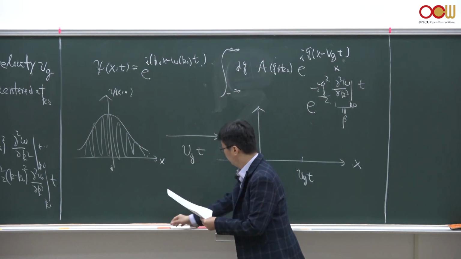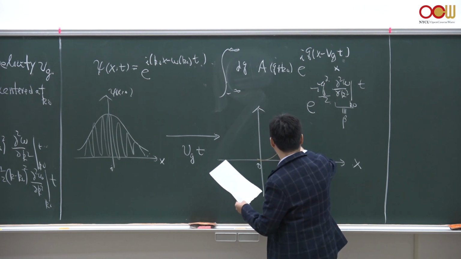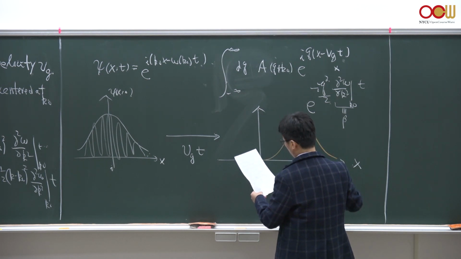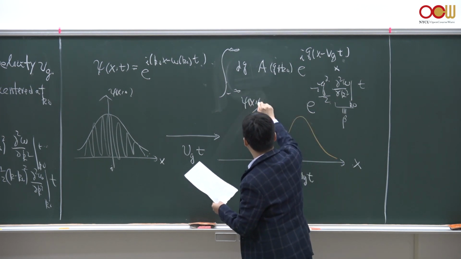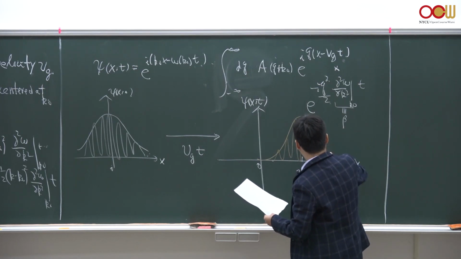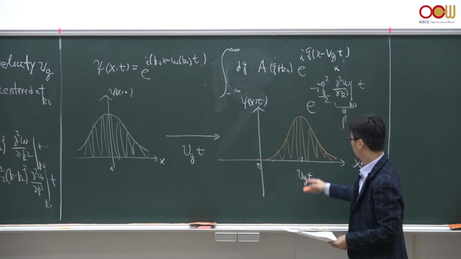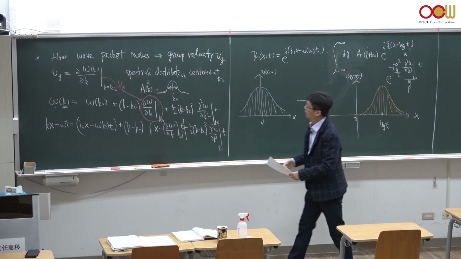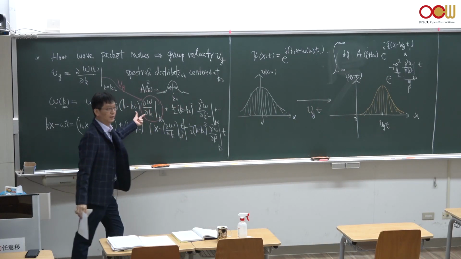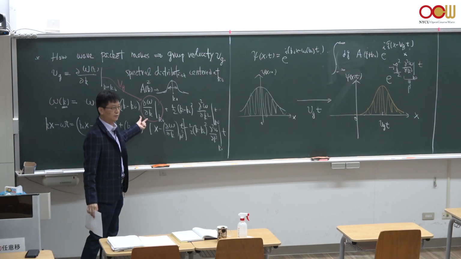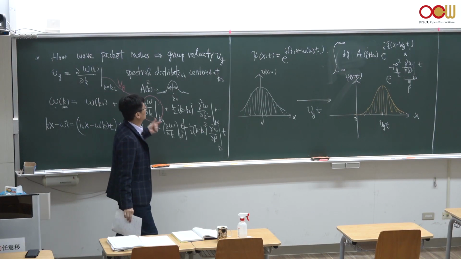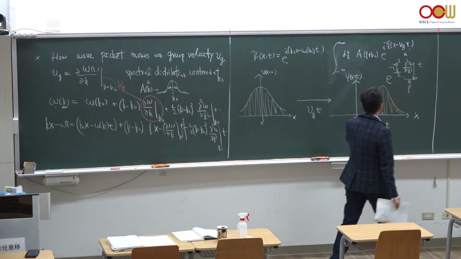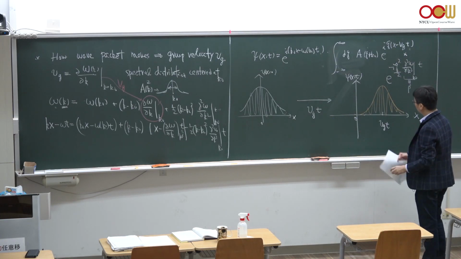Now this wave packet is centered around another location right here, and this new center of the wave packet is given by vg times t, and this vg is precisely the slope of omega with respect to k. This first derivative describes the wave packet movement, which is this vg here.